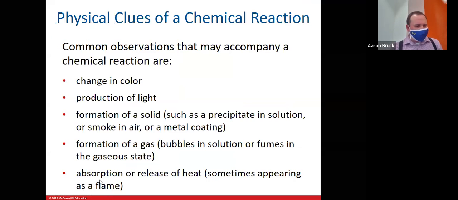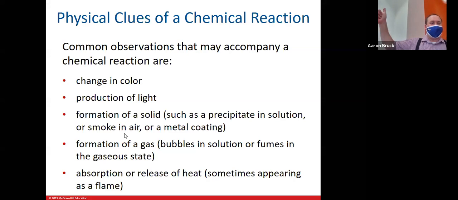Some of the most common observations that we can notice: changes in color, which we mentioned, production of light. So we're talking about the spontaneous production of light. If we have some kind of process occurring and it's giving us light as a result, there we have our evidence of a chemical reaction.